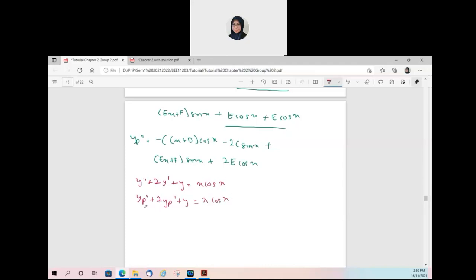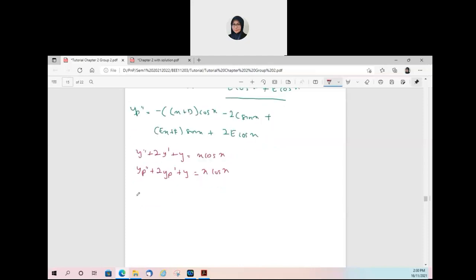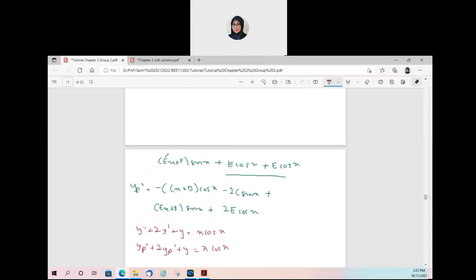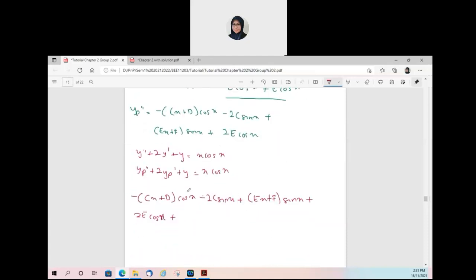So yp double prime is this one: minus cx plus d cos x, plus minus 2c sin x plus ex plus f sin x plus 2e cos x, plus 2yp prime.